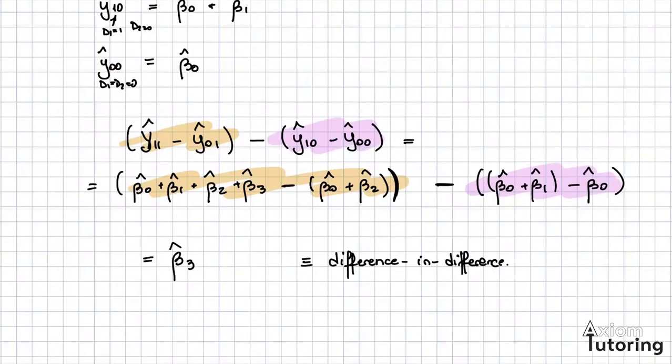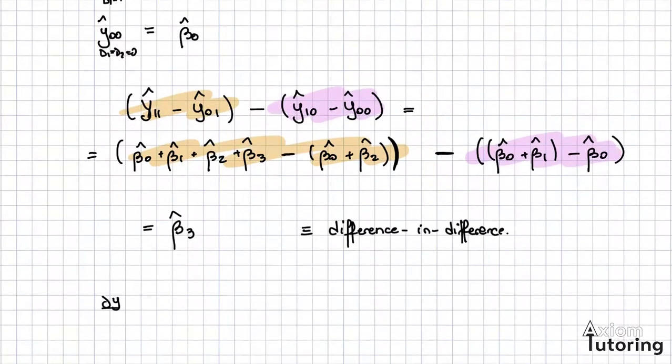This is just a special case of what we saw in the intuition video for the general formula, where we had the derivative of y with respect to x being equal to beta 1 plus, if you remember, beta 3 z. Now, in here, x and z are going to be both binary. In dummy-dummy interactions, beta 3 is this difference in difference between the four groups.